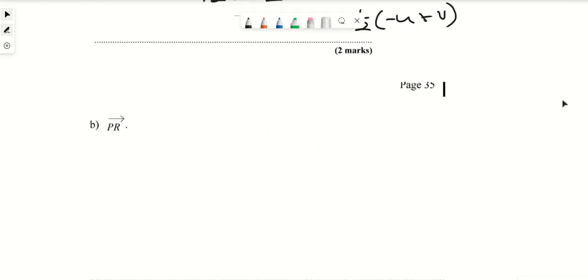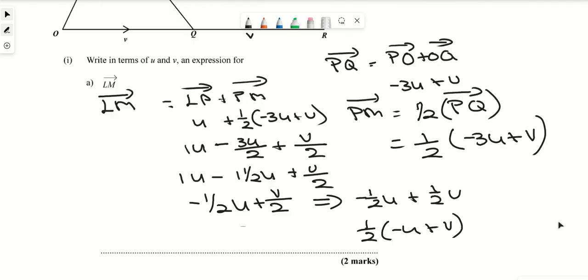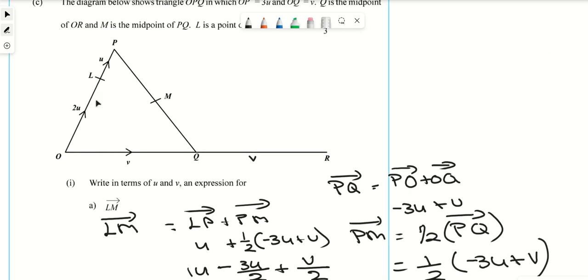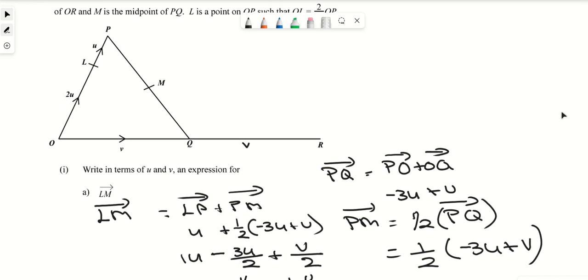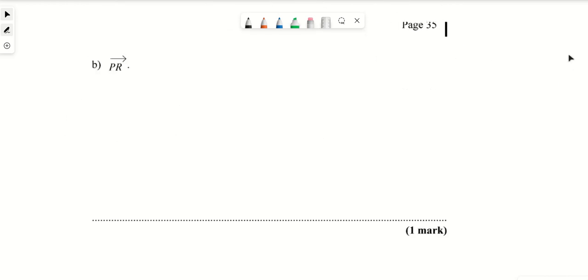Now, if we look at our image here, PR, we know that's P to O and O to R. That is super easy, right? This is equal to PO plus OR. We know that OP is already 3U.